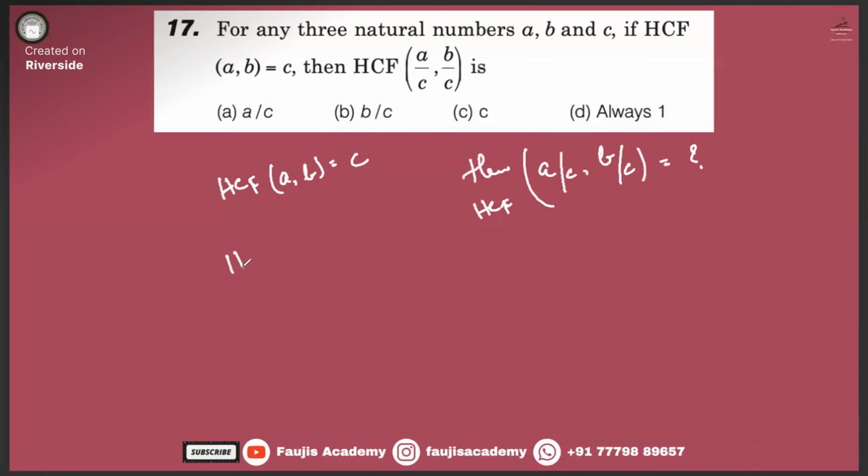Let us say we want to find out the HCF of 14 and 21. The HCF is 7. What is A? 14. What is B? 21. What is C? 7. Right?